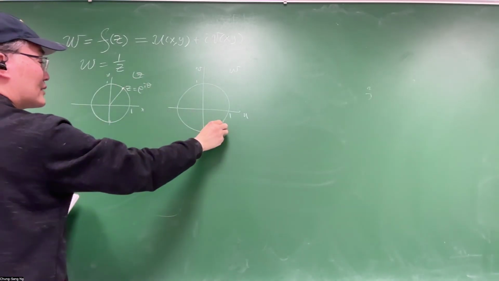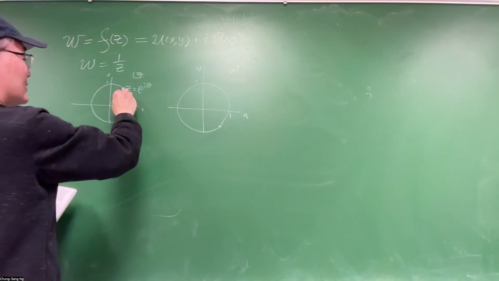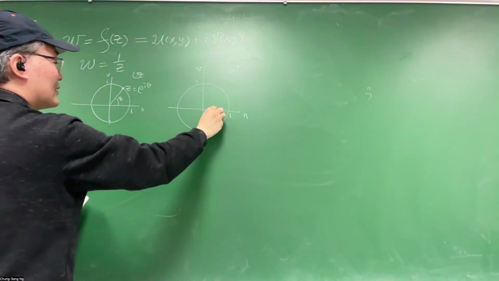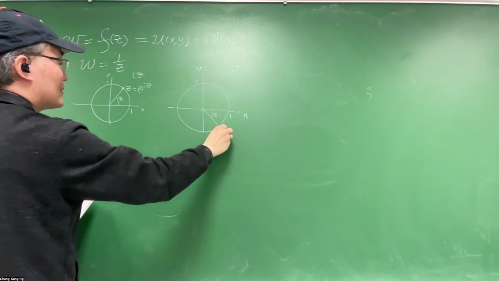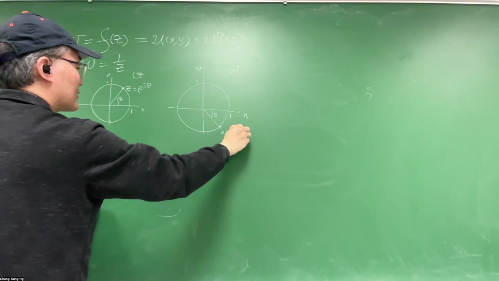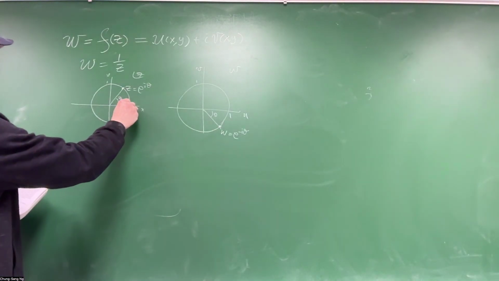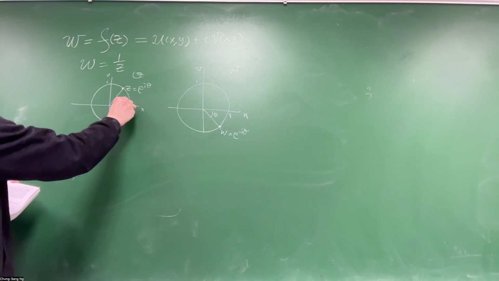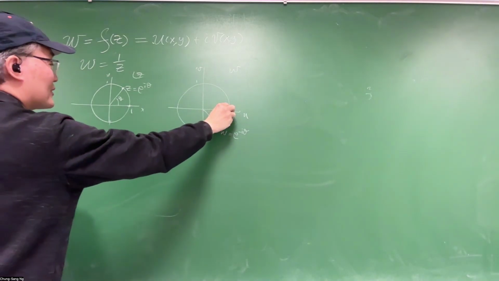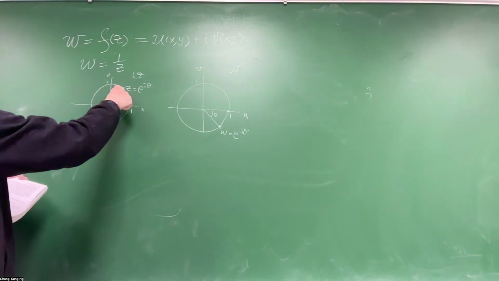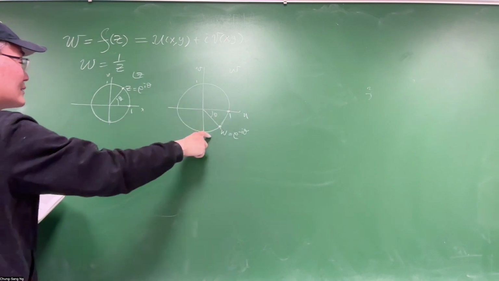So this point will map to here. This will map to this one, this is W. And obviously one will map to one. So this point maps to this point, but this point actually maps to the other point.